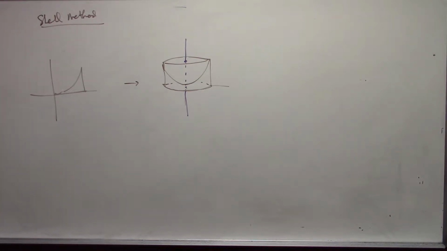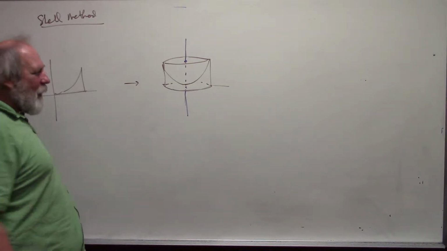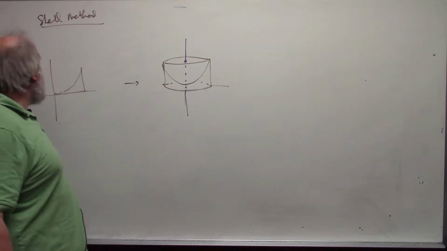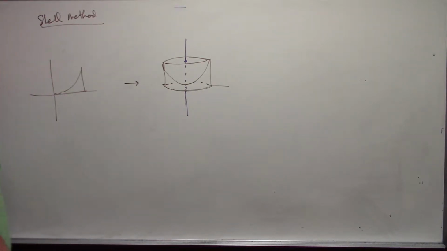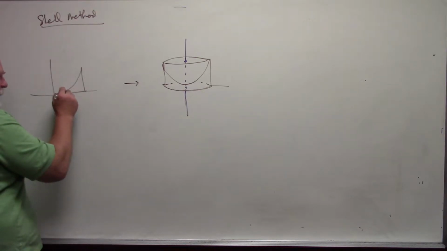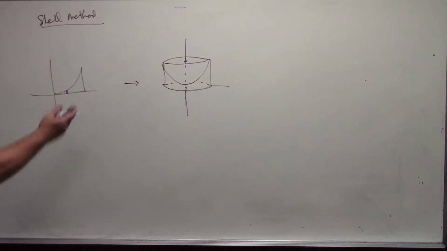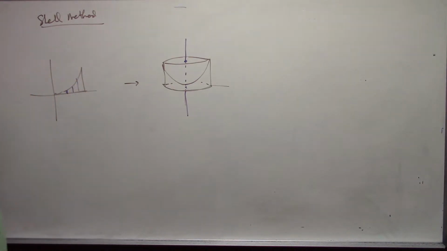Up until this point, we have always made our rectangles that we've rotated to get our volume perpendicular to the axis of rotation. If, however, we took rectangles that were parallel to the axis of rotation, then we can also get the volume by moving these out through.